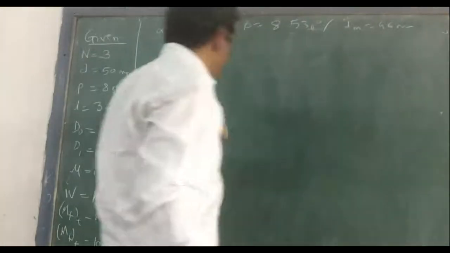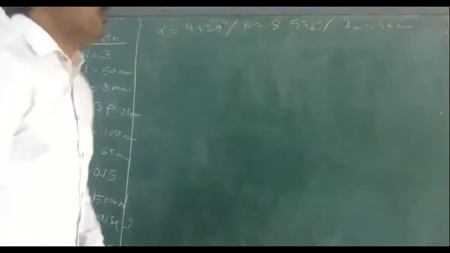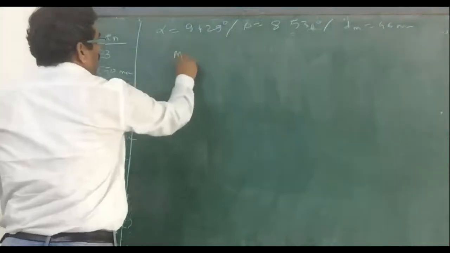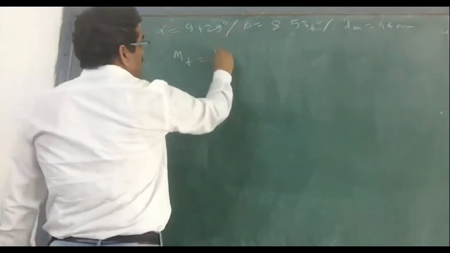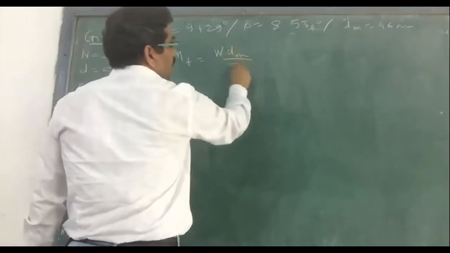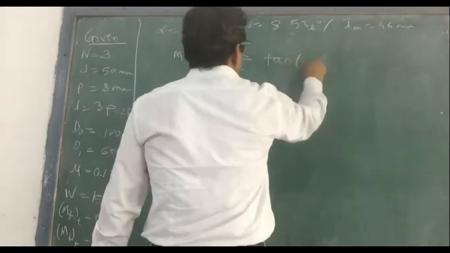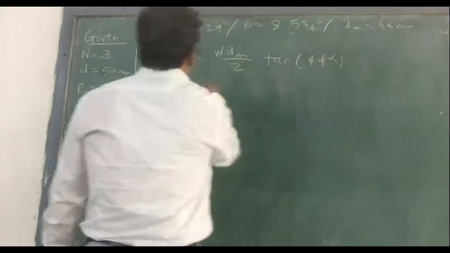Okay. This is a very simple, straightforward problem. First of all, we will find the torque required to raise the load, which is W into dm by 2 into tan of phi plus alpha. Very simple, right? Here we know everything now.